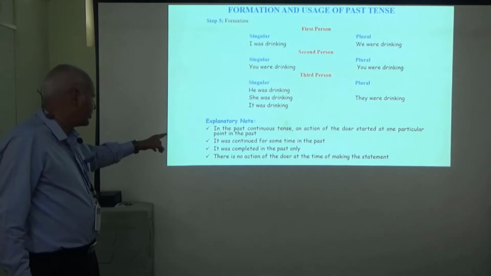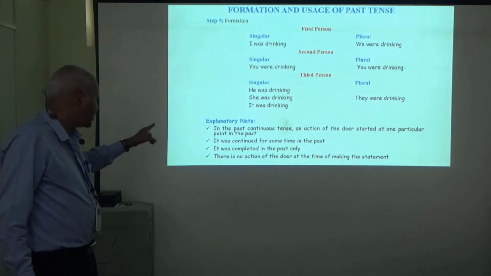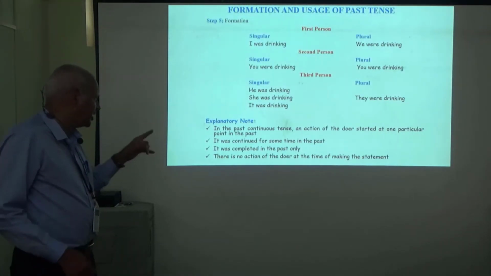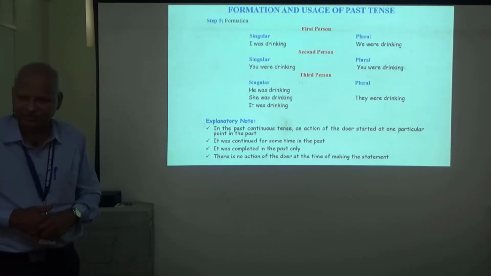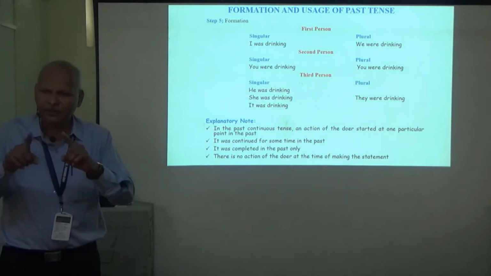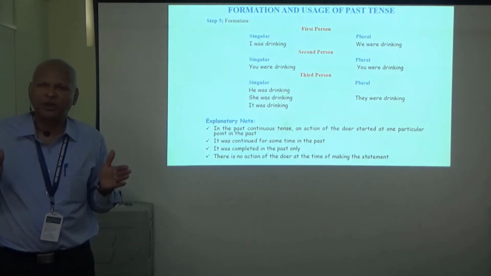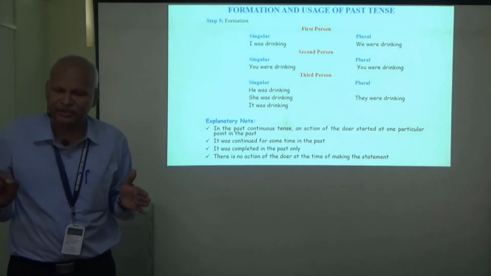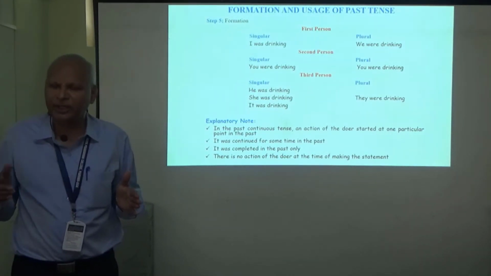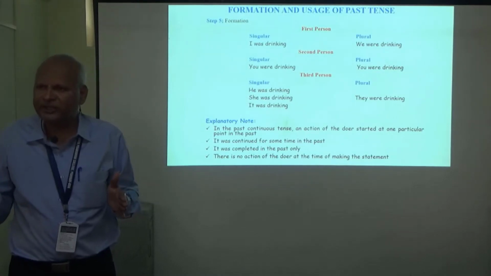Now what needs to be remembered here, explanatory note: in the past continuous tense, an action of the doer started at one particular point in the past. See, the most important thing is that when we make a statement in the past continuous tense, at that time there is no action at all.